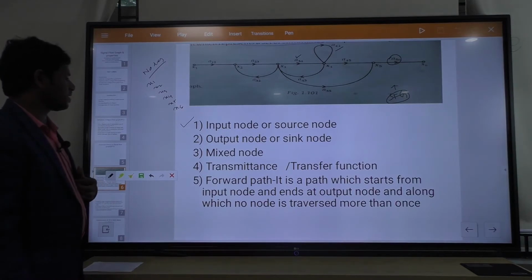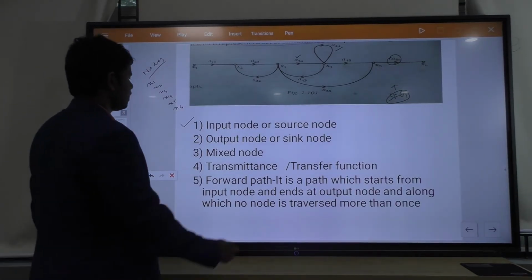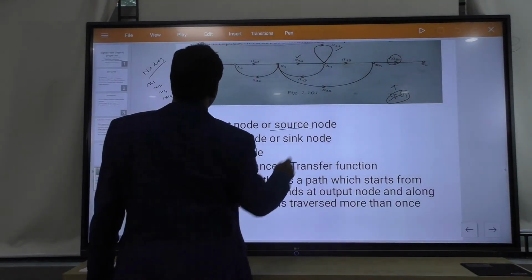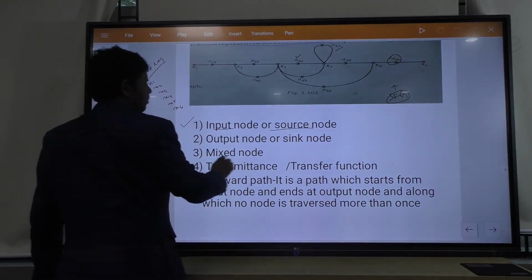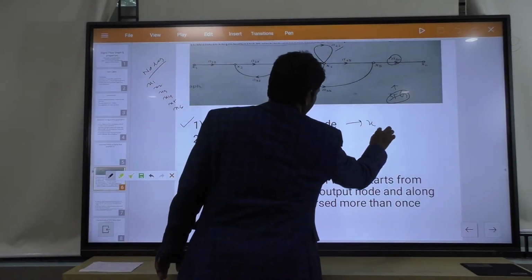So there are 5 points discussed, starting with input node or source node. Input node means the starting node. Here the input node is x1.